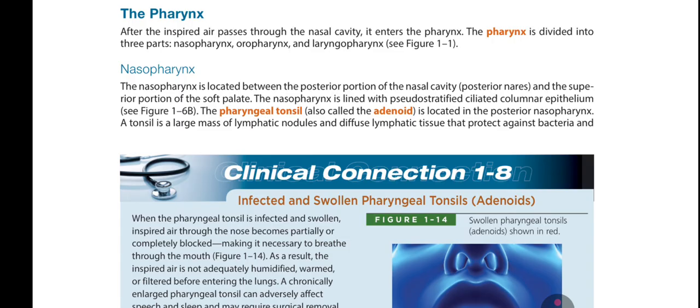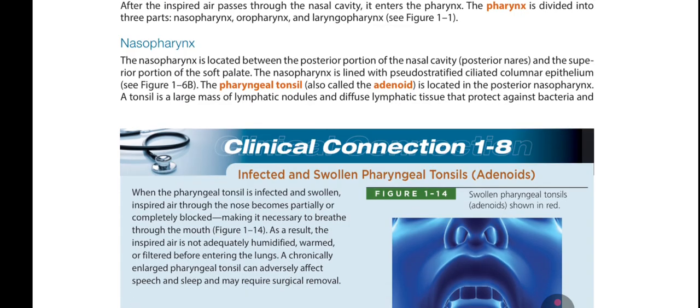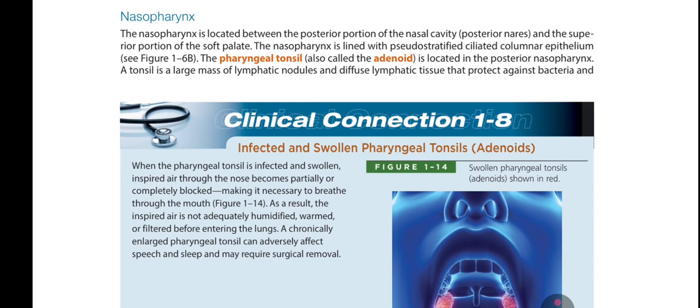So next is our pharynx. We have the nasopharynx, oropharynx, and laryngopharynx. The nasopharynx is the section between the pharynx and the nose. Okay, so it is the location where our pharyngeal tonsil or the adenoid is placed.